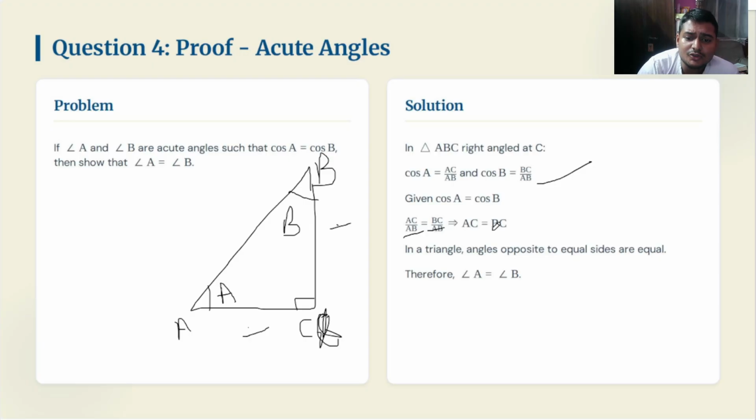So AC equals BC. So if in a triangle these two sides are equal, then this one is 90 degree and this angle equals this angle. So angle A equals angle B.